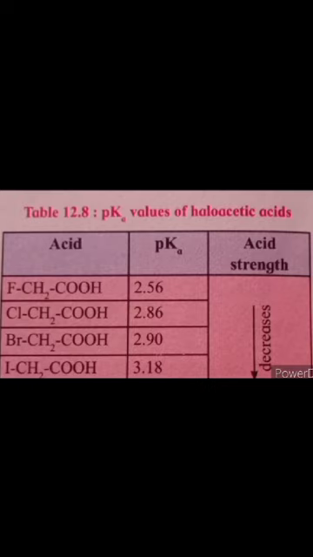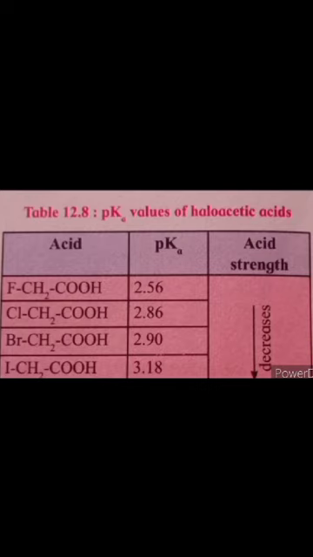Fluorine is more electronegative than chlorine, then bromine, then iodine, and in acetic acid or ethanoic acid there is no halogen atom present. Therefore the haloacid containing the more electronegative atom fluorine has a lower pK value, which means its acidic strength is higher. It decreases from fluorine to chlorine, chlorine to bromine, bromine to iodine, and then to ethanoic acid. It can be explained on this basis.